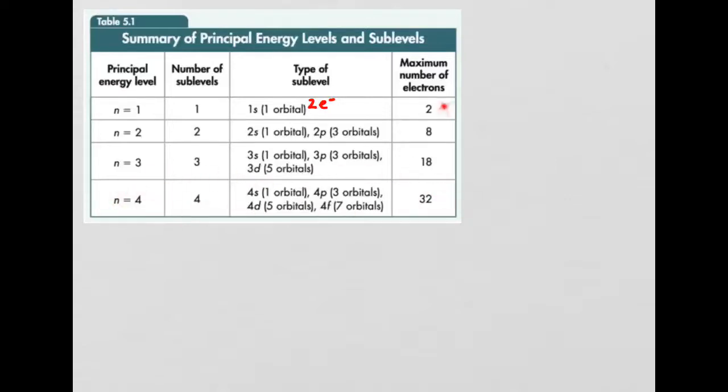Or how do I draw something that has 3 electrons? I'm only telling you that when the n=2 principal energy level is completely filled, it can fit 8 electrons. But what if an atom only has 6 electrons? Or 5 electrons or 3 electrons? How do I write this? How do I denote this?